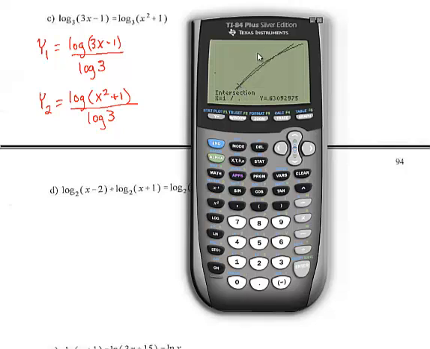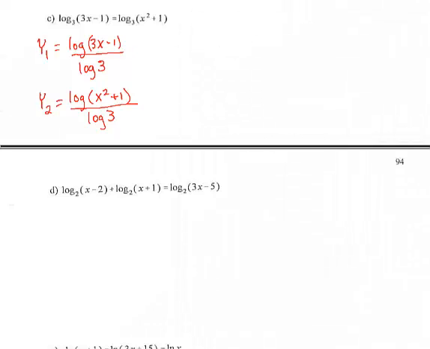So you can find multiple intersections of two lines. You just simply have to enter where the cursor is closest to the intersection that you need to calculate. And so our calculator verifies our solutions of 1 and 2.